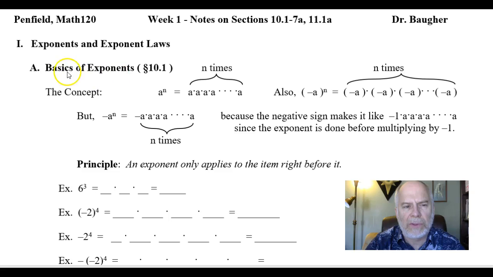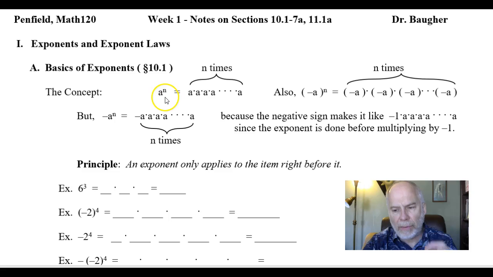All right, so you see the basics of exponents here, section 10.1, and the concept of an exponent. If you have a to the nth power, that means take a, the base number, and multiply by itself whatever n is.